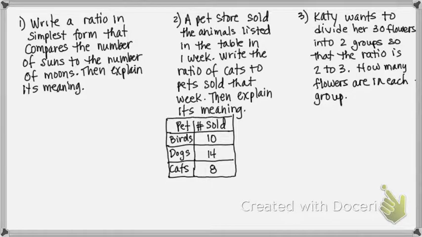Write the ratio of cats to pets sold that week, then explain its meaning. And then Katie wants to divide her 30 flowers into 2 groups so that the ratio is 2 to 3. How many flowers are in each group? So my suggestion is that you go ahead and pause and then copy down the problems, but you've got to leave yourself space underneath. We're going to do each of these problems. They're slightly different kinds of problems. Some are part to whole, some are part to part, and then we've got an interesting one on the last one. Okay, so when you're ready, come back and join me.